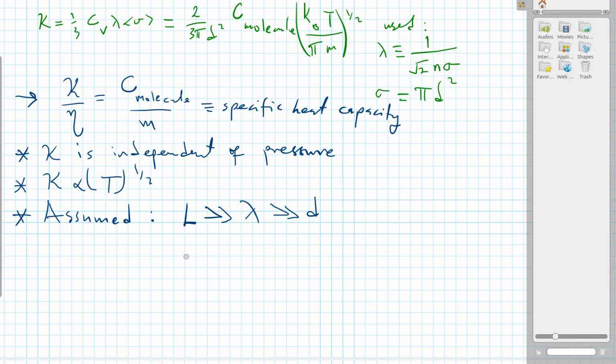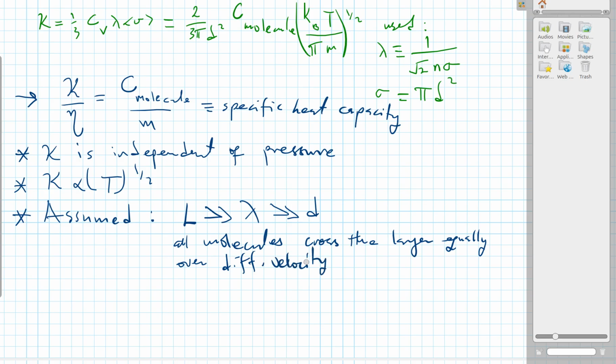So we assumed that all molecules cross the layer under consideration equally over different velocities, with different speeds.